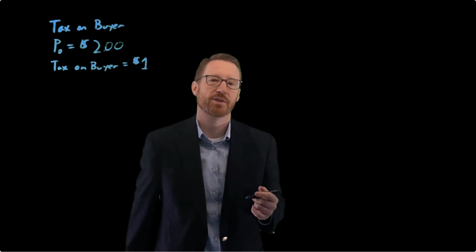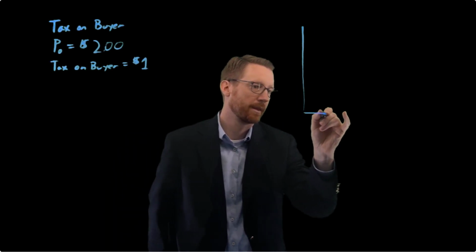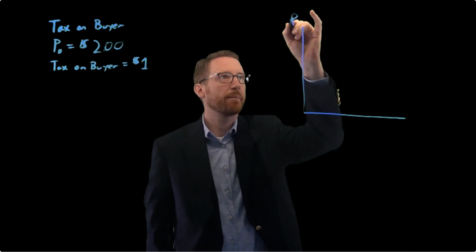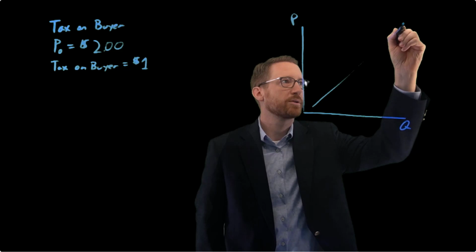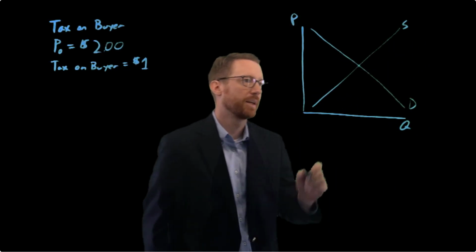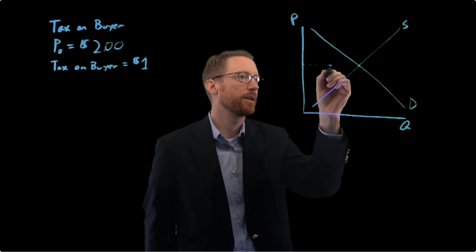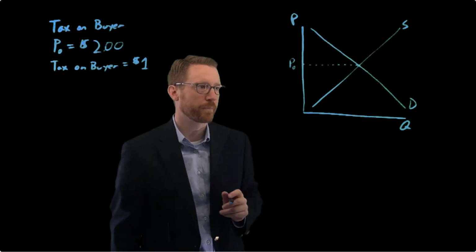So let's start by just setting up a supply and demand model. We've got price, quantity, throw in an upward sloping supply curve and a downward sloping demand curve, and let's label in our initial price and we'll call that P0.